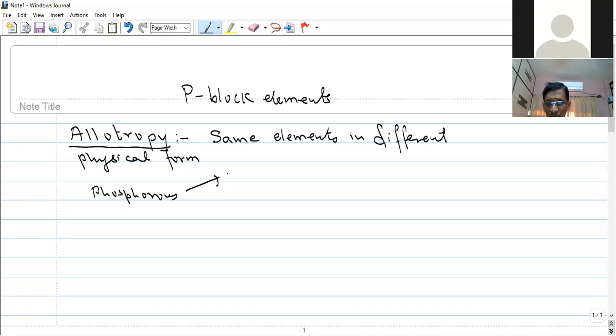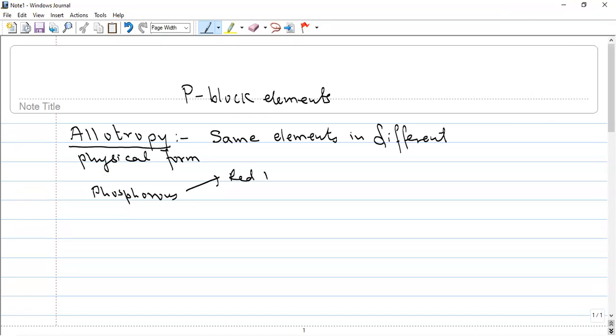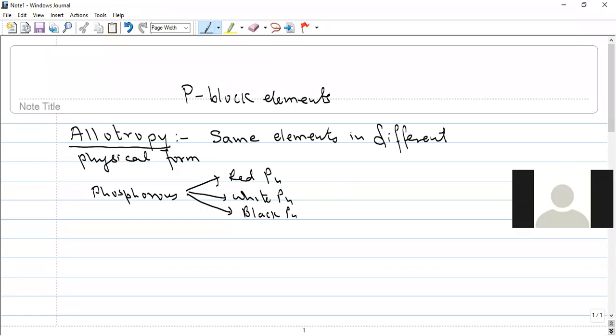Phosphorus exists as red phosphorus, as white phosphorus, and it also exists as black phosphorus. Formulas are the same, but different forms are there. Carbon.